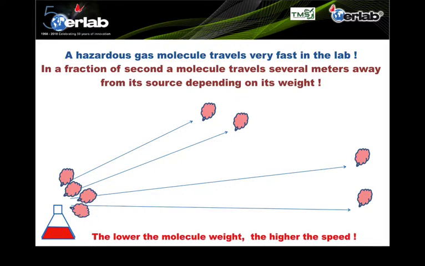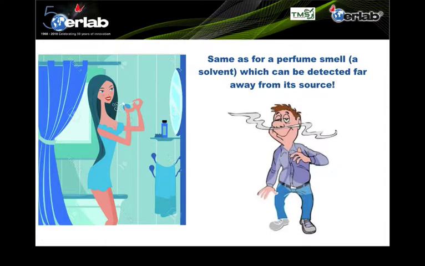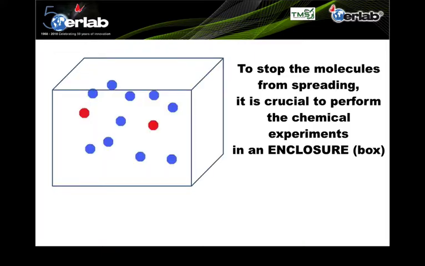The lower the molecular weight, the higher the speed of transfer. It is the same as perfume, which is also a solvent, and can be smelled far away from its source. That shows how fast molecules can travel.